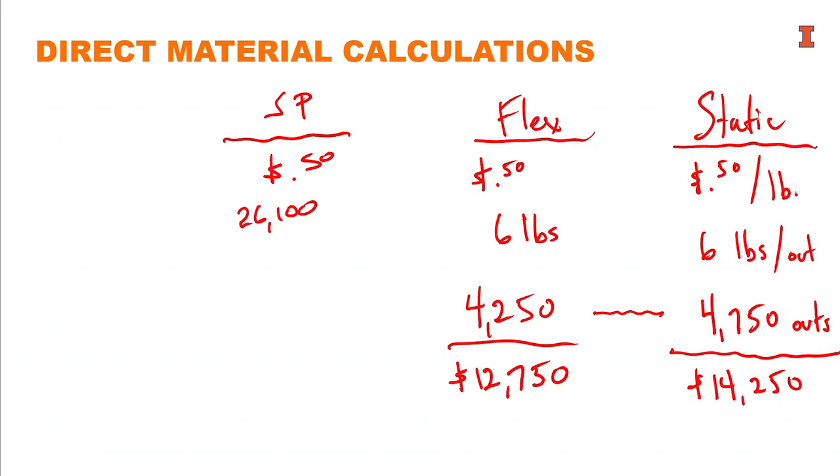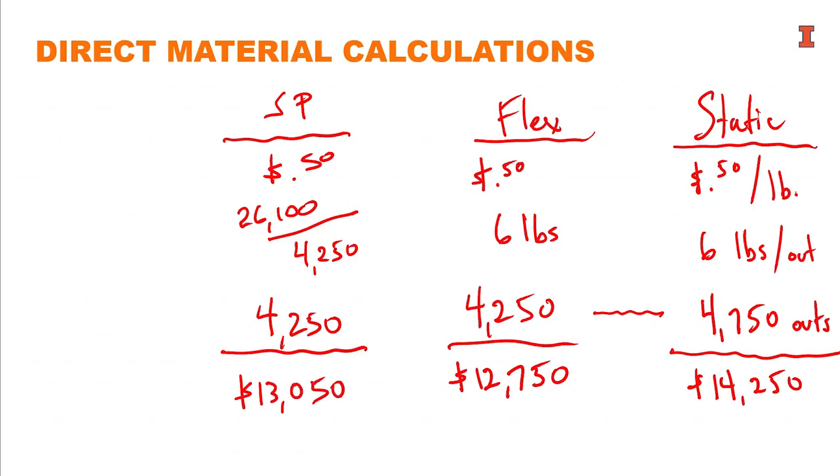So on average, we used 26,100 divided by the 4,250 units that we actually produced. That was our input per unit of output. And then we actually produced 4,250. So when we multiply that actual input per unit and the actual output in total units times the standard price, we're given $13,050 as the column total there.